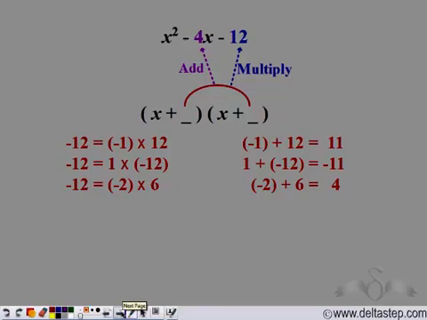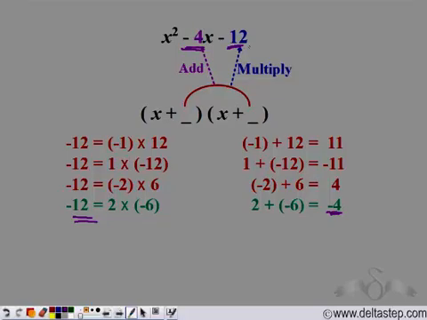1 plus negative 12 gives us negative 11, which is not equal to negative 4. Negative 12 could also be written as negative 2 into 6, but negative 2 plus 6 is equal to 4. So we ignore this possibility as well because we have a negative 4x, not 4x. Now we have 2 into negative 6 is equal to negative 12. 2 plus negative 6 is negative 4, which is what we require. So we use these two numbers for splitting the middle term.